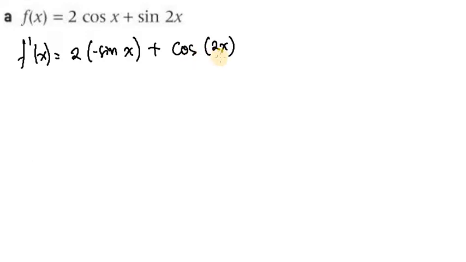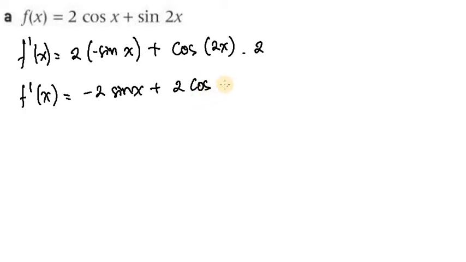Now because this is 2x, not x, we have to differentiate that as well: times 2. The derivative of 2x is 2, that's why. So make it a little bit cleaner. We have f'(x) equals negative 2 sin x plus 2 cos 2x. So this should be the final answer.